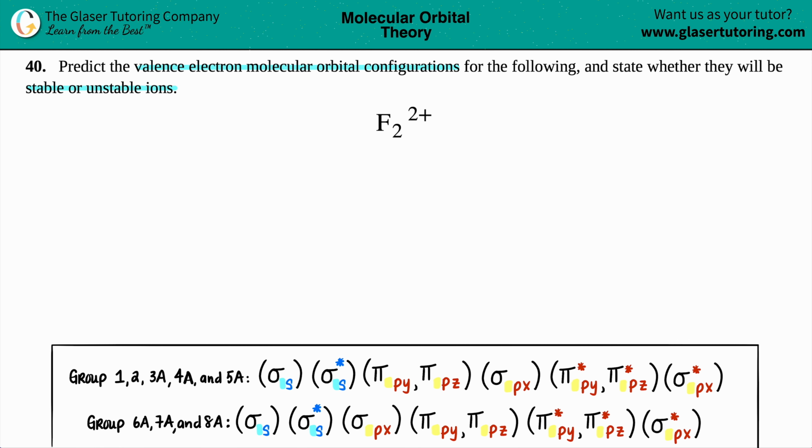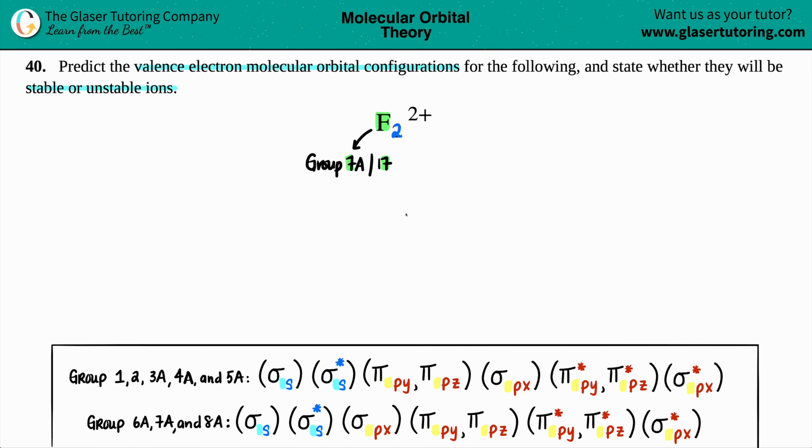So the first thing we've got to do is say, okay, we're dealing with fluorine, right? And fluorine on the periodic table is either in group 7A or 17, depending on what your periodic table goes by. But the lucky number here is 7s all around, because in general, fluorine has 7 valence electrons, but we have 2 of them.